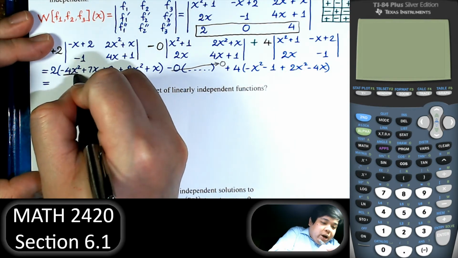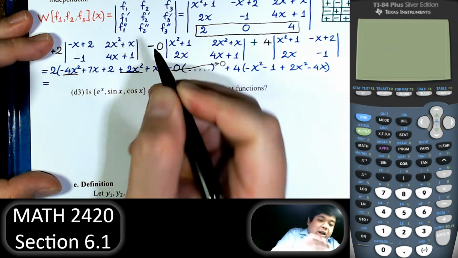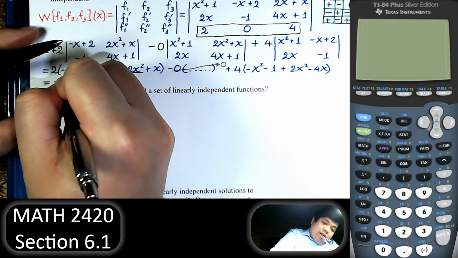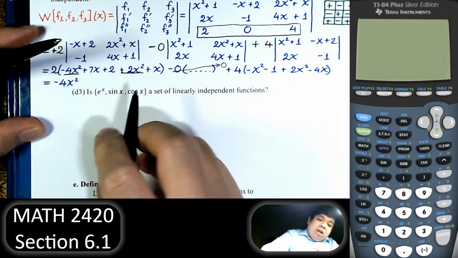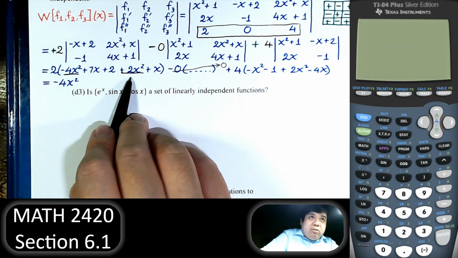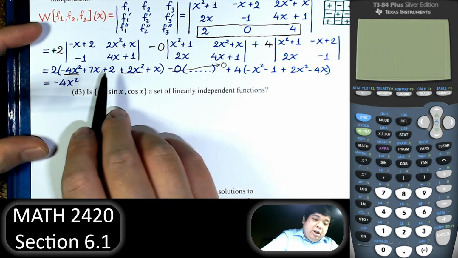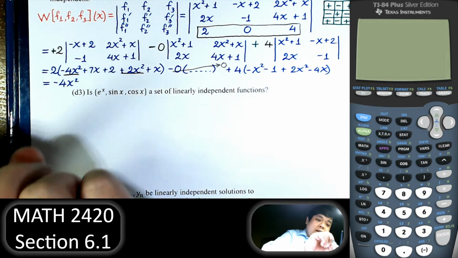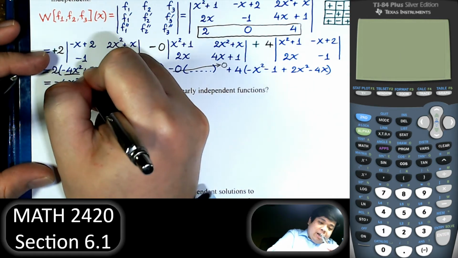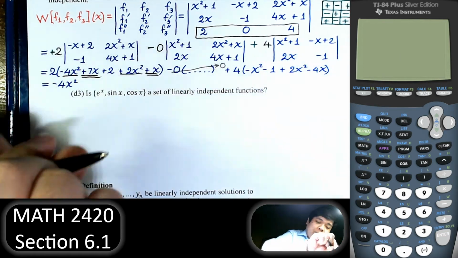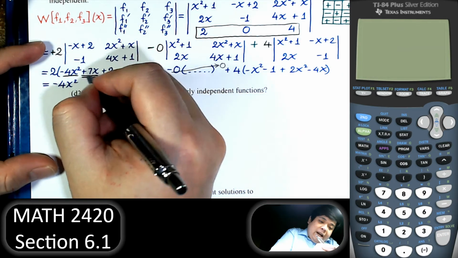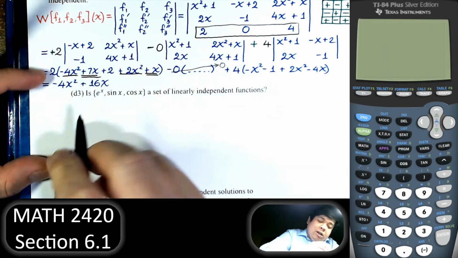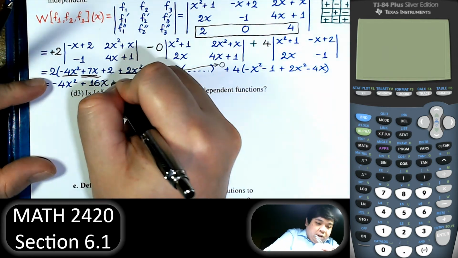Right. Now try to simplify this. Negative 4x squared plus 2x squared, by like terms, gives negative 2x squared, times 2 is negative 4x squared. 7 plus 1 is 8, times 2 is 16. So we have 7x plus x, that is 8x, times 2, 16x. 2 times 2 is 4.